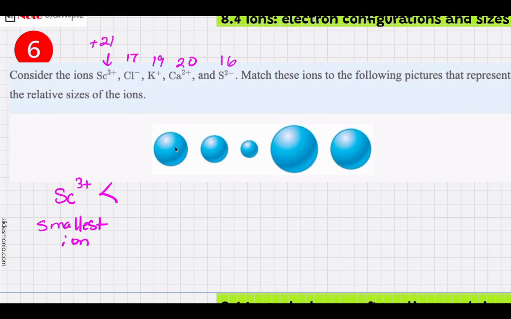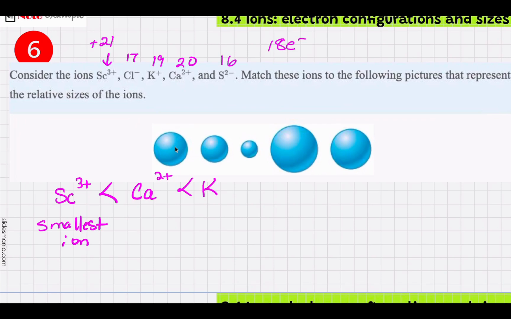And the electrons that they're attracting are 18 electrons, the same electron configuration as argon. So scandium is going to be able to pull much harder on those electrons, which will cause it to become smaller.